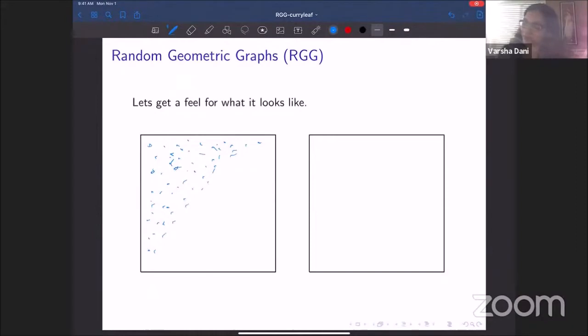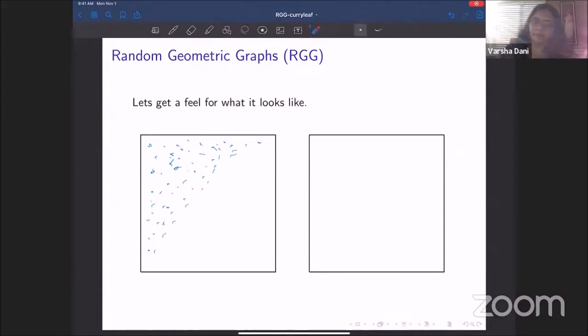But here's the thing. If I sample n uniformly random vertices, then it is highly unlikely that I get all of them in this region and none of them in this region over here, right? Because any sampled vertex could be just about anywhere.